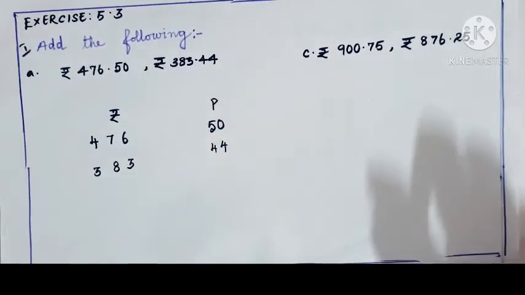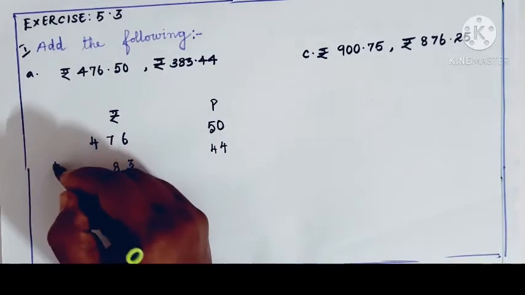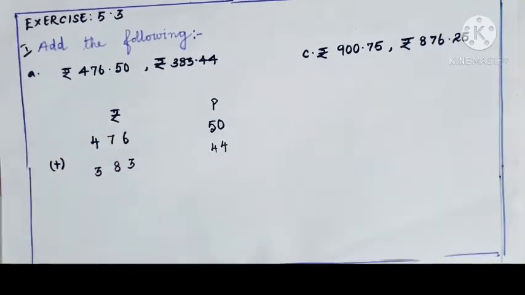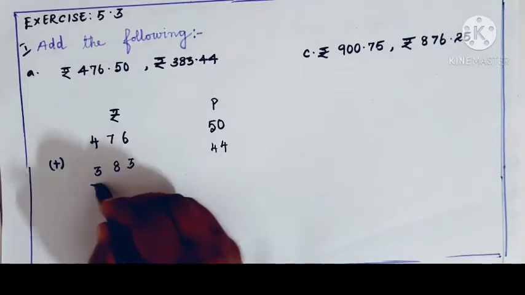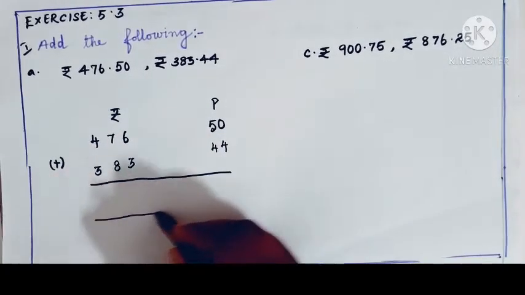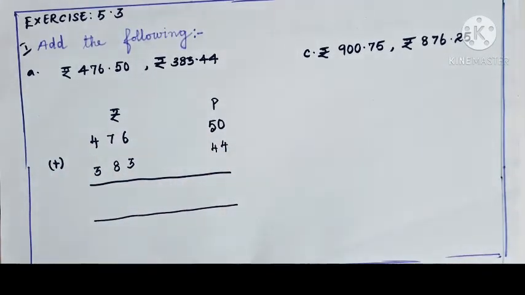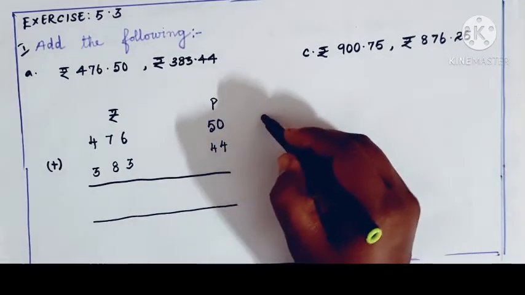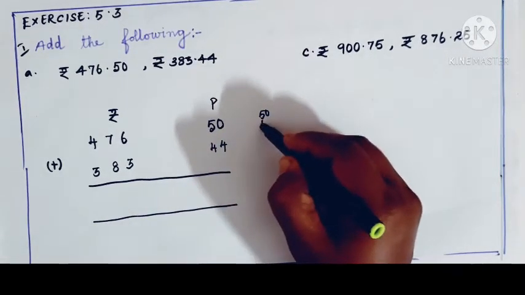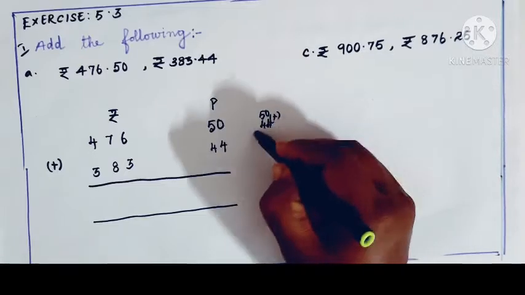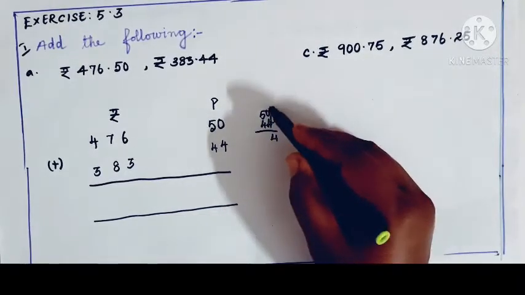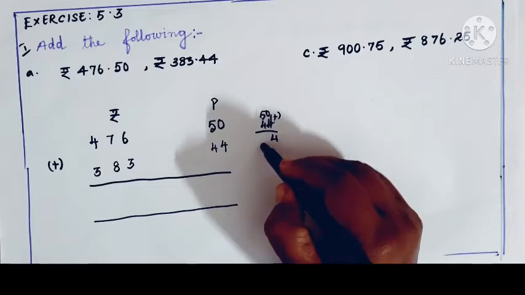Is it clear? Fine. Next step, what do you have to do? You can add. What will happen? You know how to do it, isn't it? I have already said it, right? What to do? 50 plus 44. First you add and see what's coming. 4, and 5 plus 4 is 9.